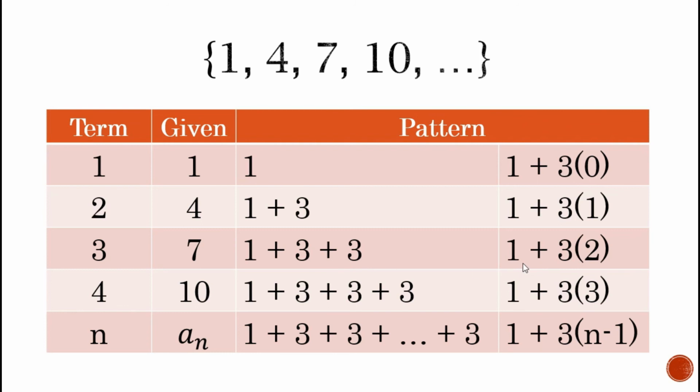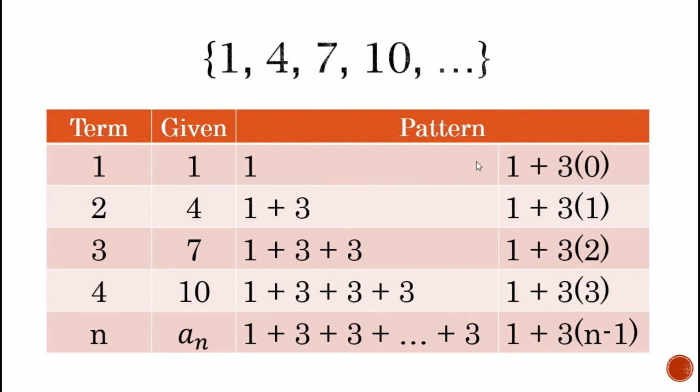So, that is 1 plus 3 times 2. Kasi dalawang beses natin ginamit yung 3. Okay? For the fourth term, we have 10. That would be 1 plus 3 plus 3 plus 3. That will give us 1 plus 3 times 3.